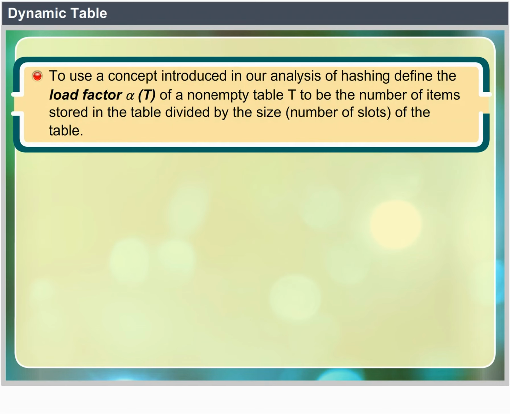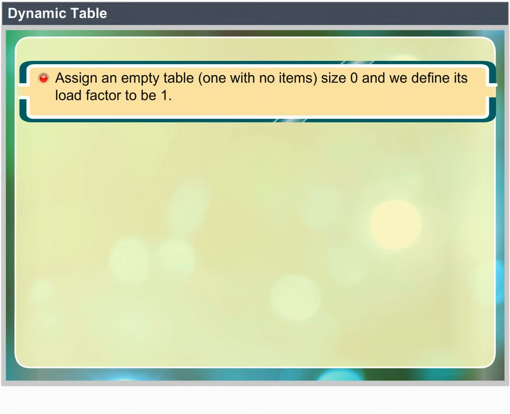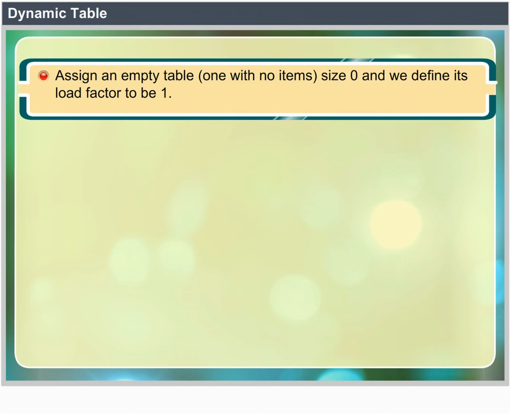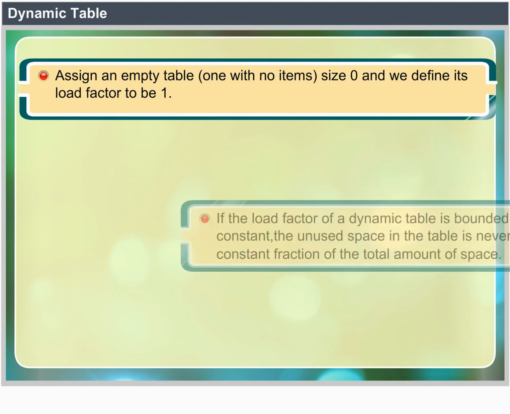To use a concept introduced in our analysis of hashing, we define the load factor α(T) of a non-empty table T to be the number of items stored in the table divided by the size, the number of slots, of the table. We assign an empty table size 0 with no items, and we define its load factor to be 1.